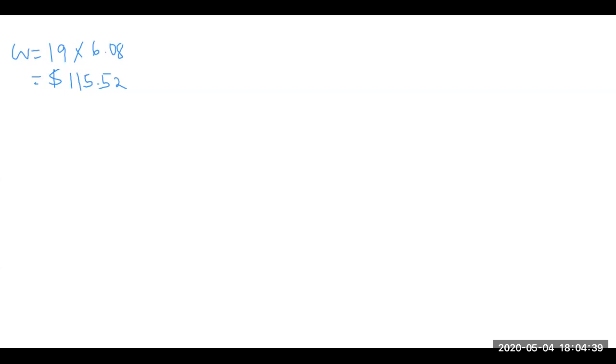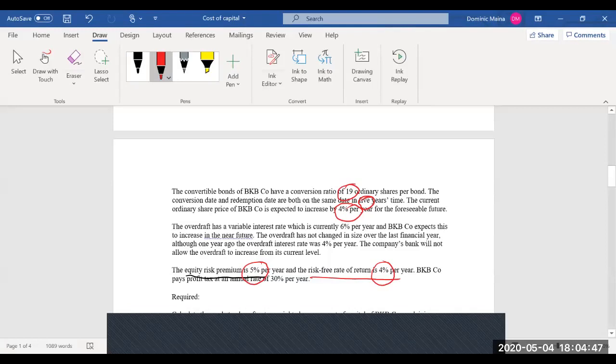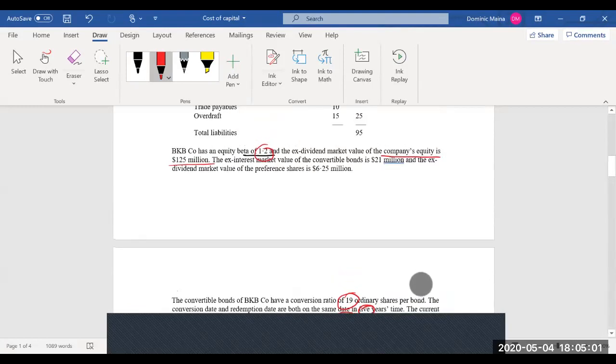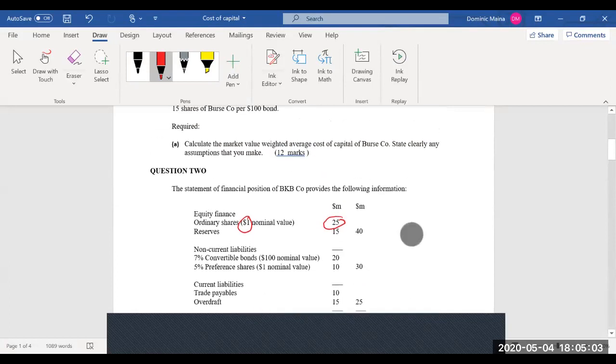Now, guys, in this bond we are comparing conversion or redemption. I'm not sure, let's check whether there's a mention of what should be the redemption value. If not converted, conversion and redemption occur at the same date in future. I can't see a mention of the redemption value.